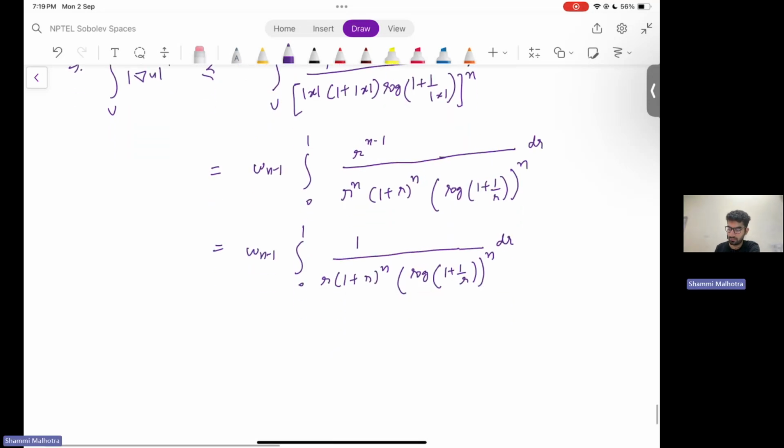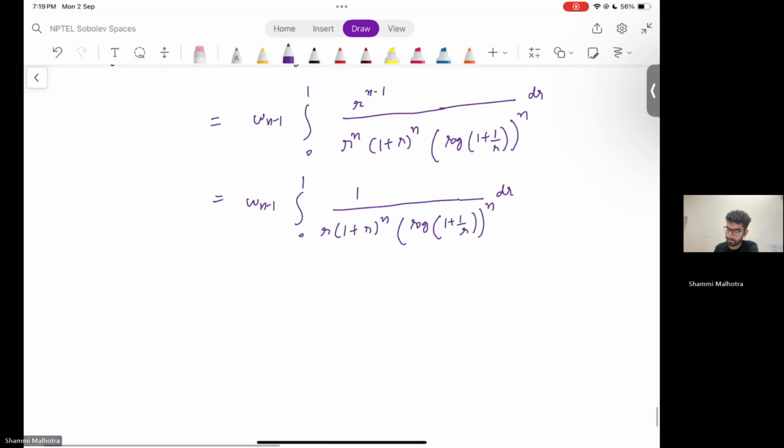So now we have to see whether the right hand integral is finite or not. This thing actually goes to infinity, but this integral is finite, and that can be checked.